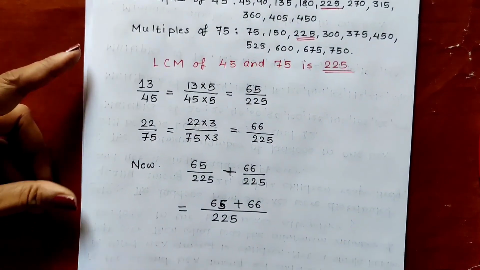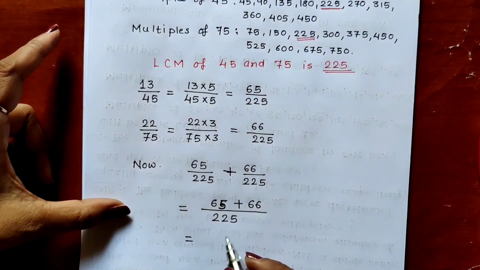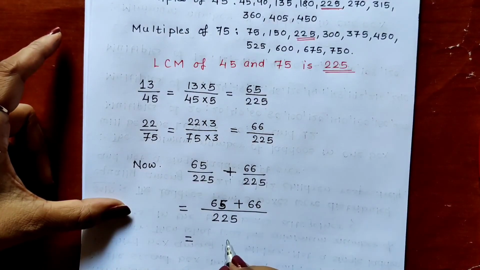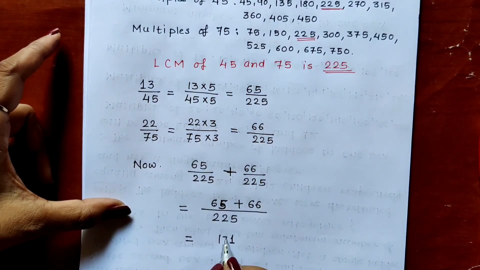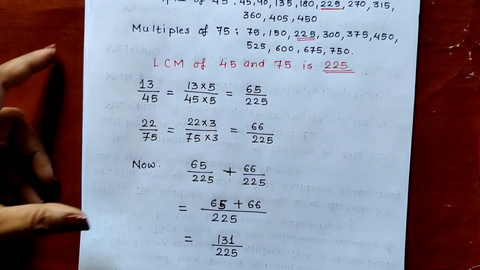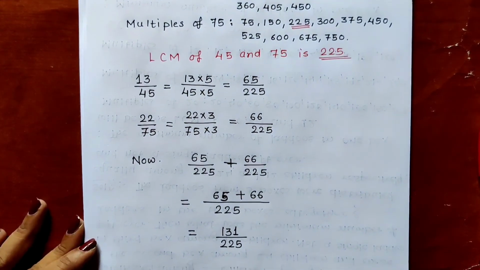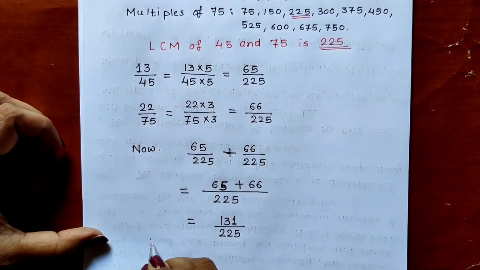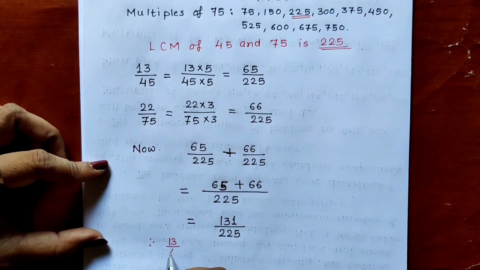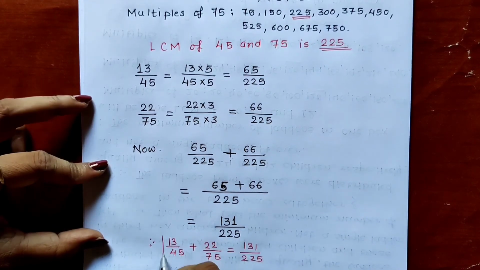Now add them. 65 plus 66: 5 plus 6 is 11, 1 written, 1 carrying, 6 plus 6 is 12 plus 1 is 13. 131 upon 225. So the answer is 131 upon 225. Therefore 13 upon 45 plus 22 upon 75 is equal to 131 upon 225.